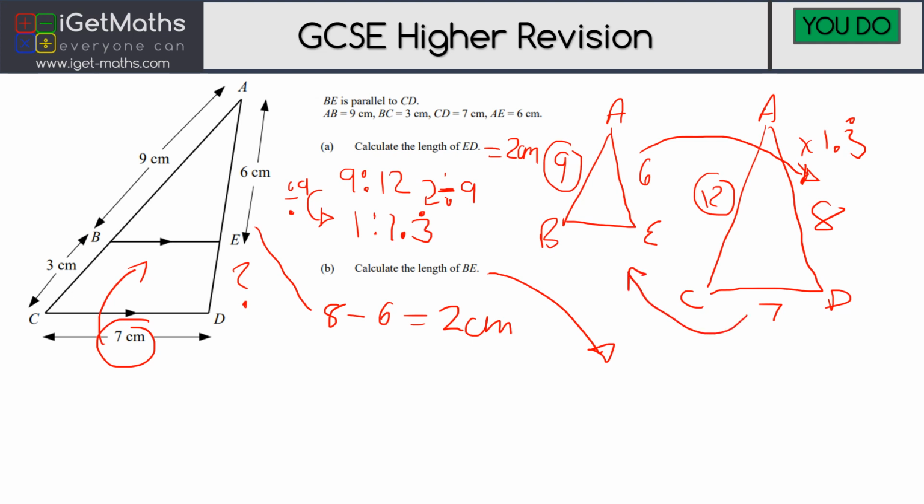So quite simply, we're just going to divide by the linear scale factor of 1.3 recurring. So we've got 7 divided by 1.3 recurring. That will give us 5.25 for question B. So 5.25 centimeters for that, and you're done.